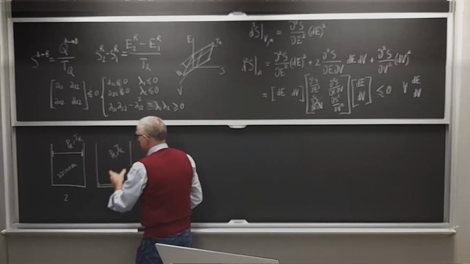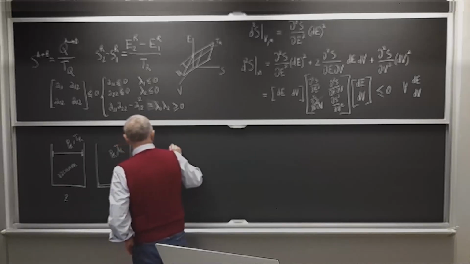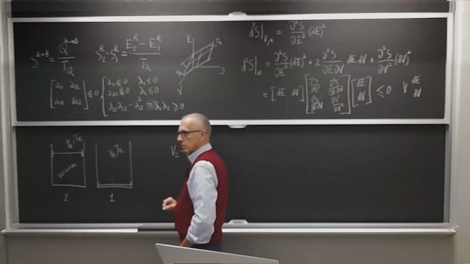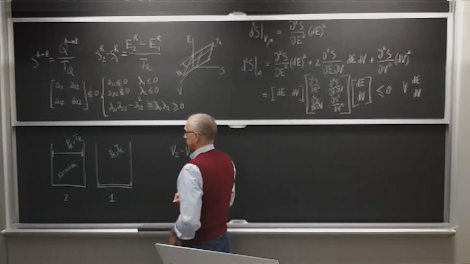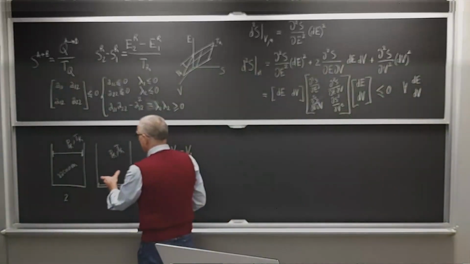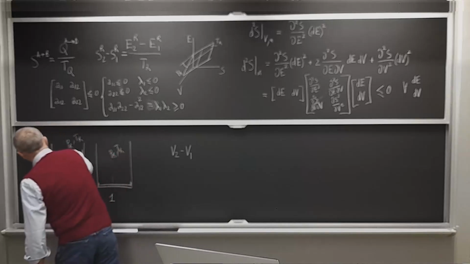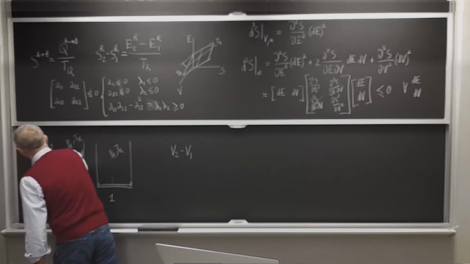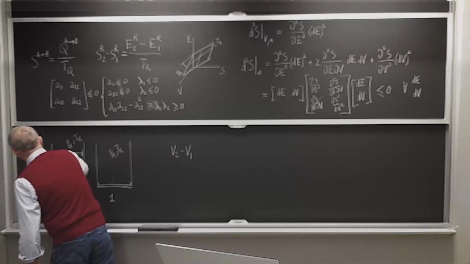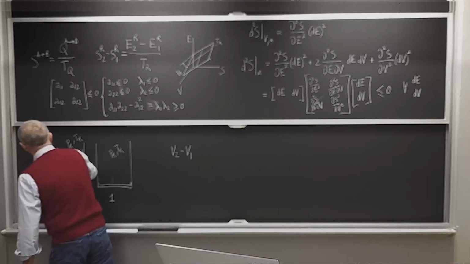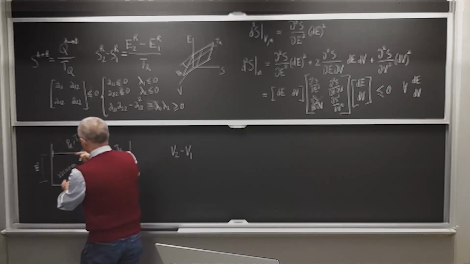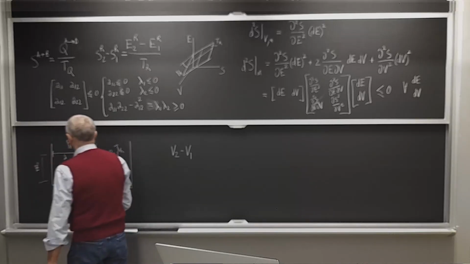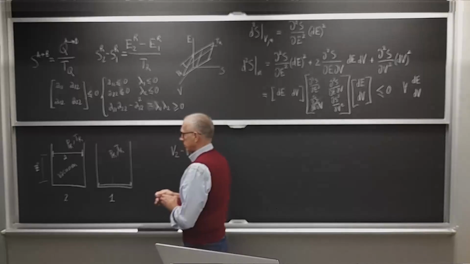So if the volume change is V2 minus V1, let's call Z the location of the piston, and let's call little a the area of the piston.